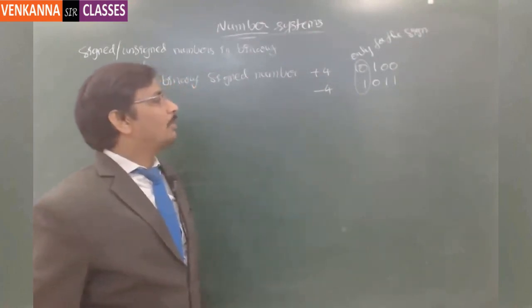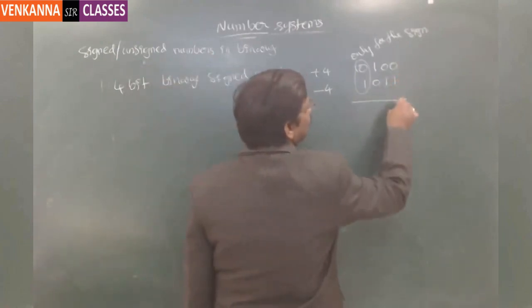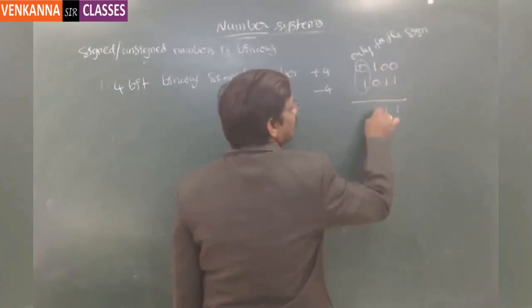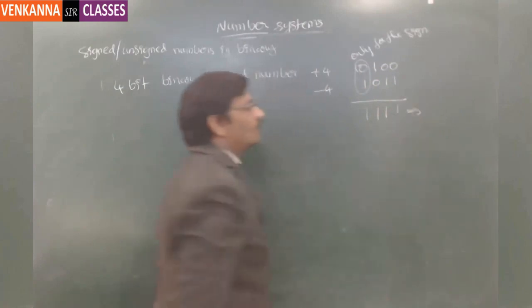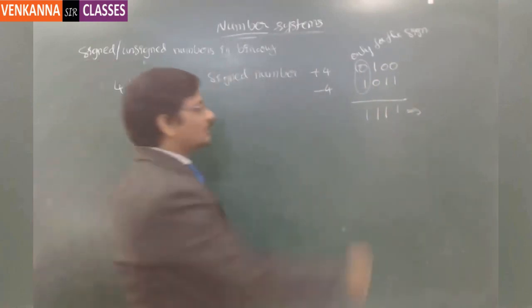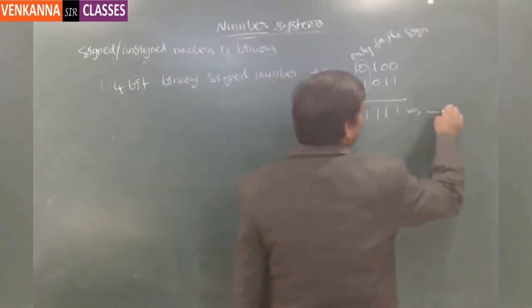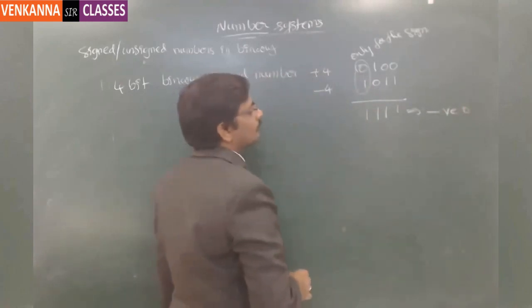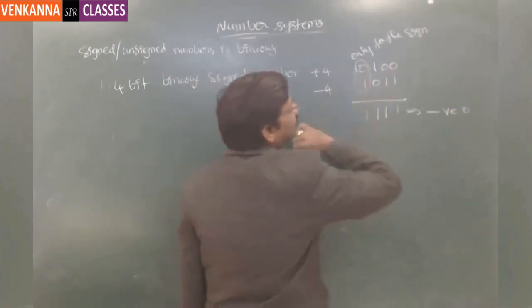Now in the 1's complement method, suppose if I add these two, 0 plus 1 is 1, 0 plus 1 is 1, 1 plus 0 is 1, and 0 plus 1 is 1. So this is 1 1 1 1, which is going to be negative 0. Sorry. First we take the 2's complement.